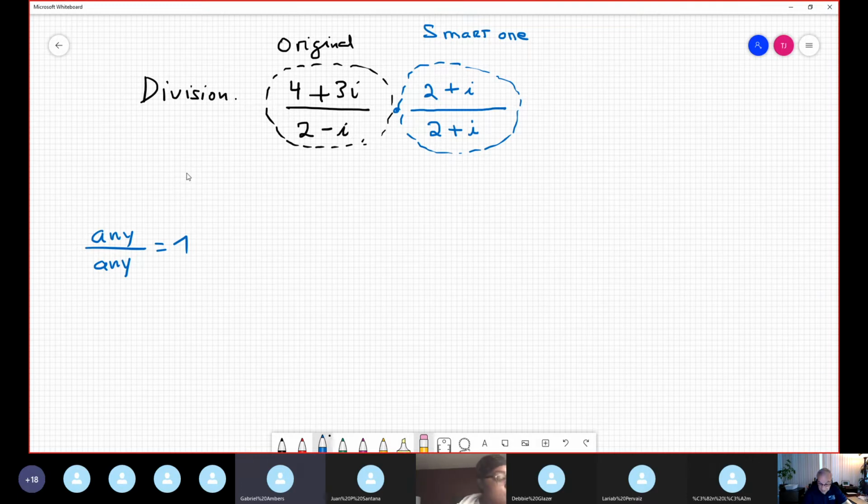Okay? So immediately you have the original problem. You try to find the smart one. How do you find the smart one? You take the conjugate of the complex number in the denominator, not in the numerator, in the bottom, and you multiply and divide by it.